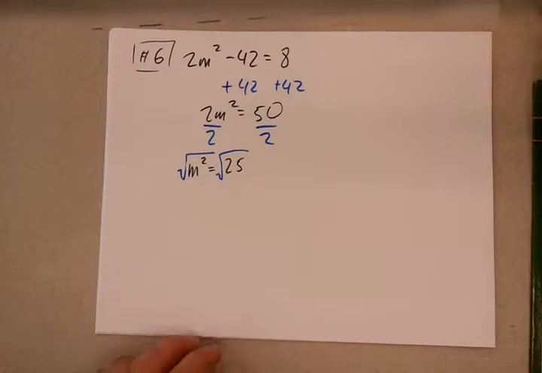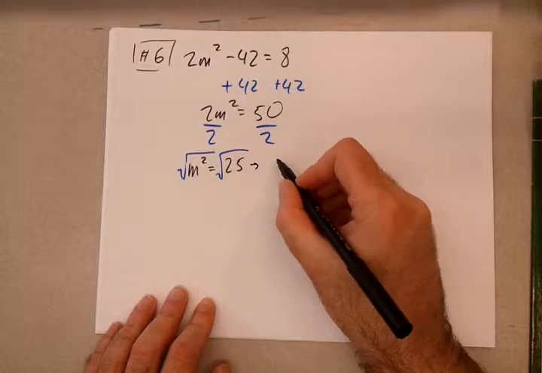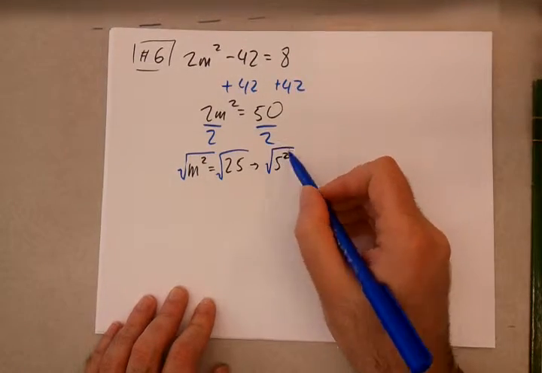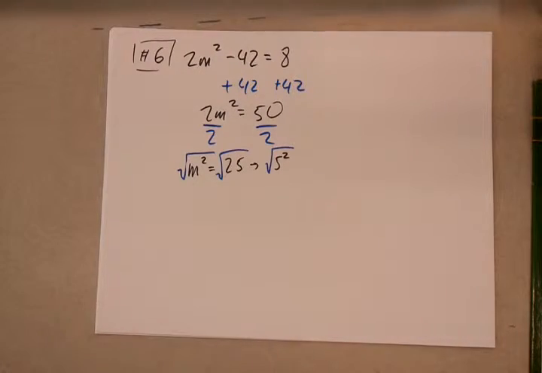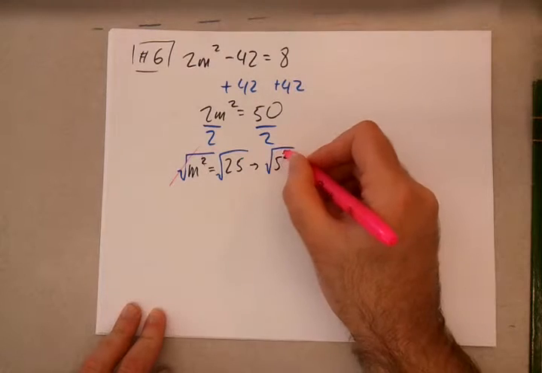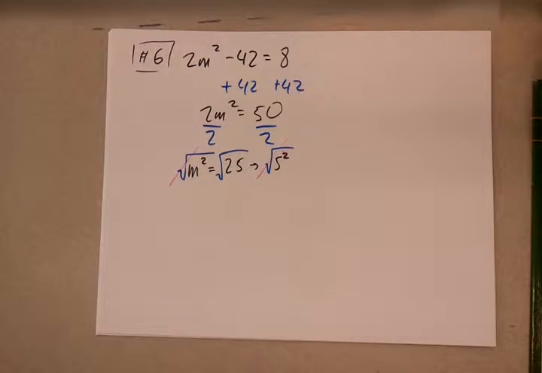Now thankfully, the 25 is a perfect square. It's essentially 5 squared. And square roots will cancel out anything that's a power of 2. So over here the power of 2 and the square root get canceled. Over here the square root and the power get canceled.